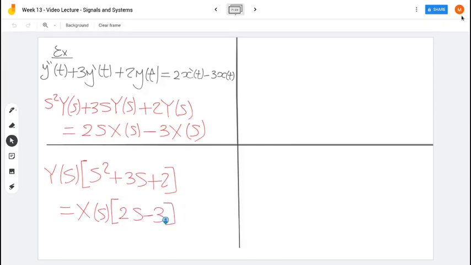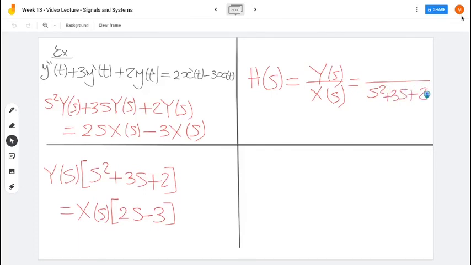Now we can get the system transfer function H(s) as the ratio of Y(s) over X(s), and this is due to the convolution property. So the system transfer function will be (2s minus 3) over (s squared plus 3s plus 2).